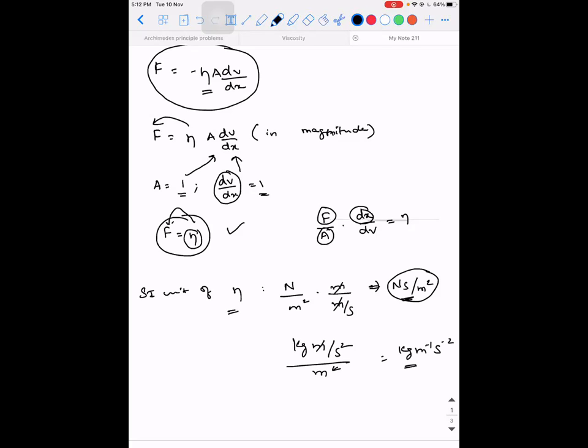Right? Now what will be the dimensional formula of this? M L minus 1 T minus 2.